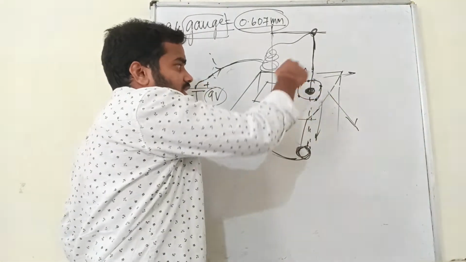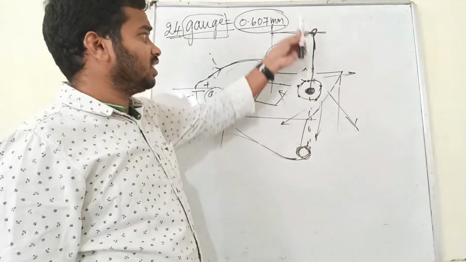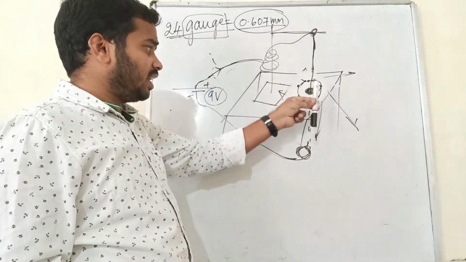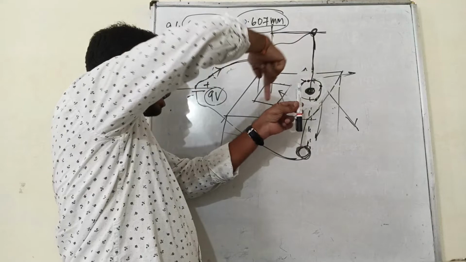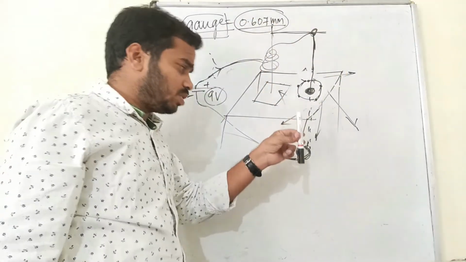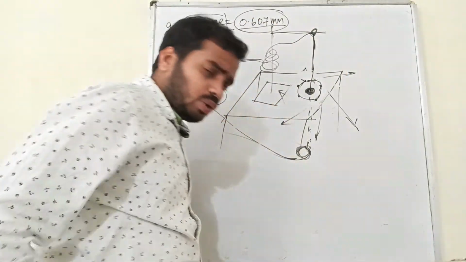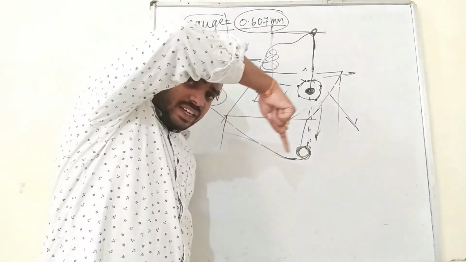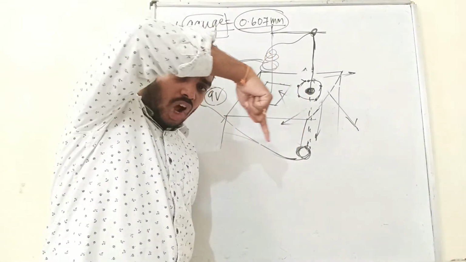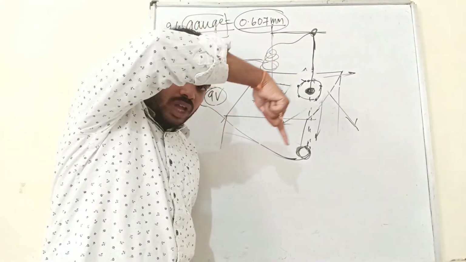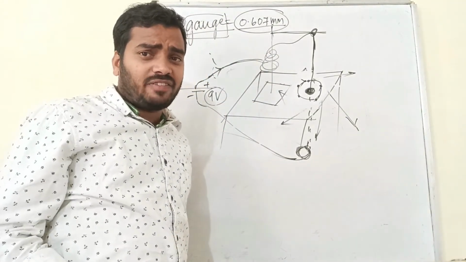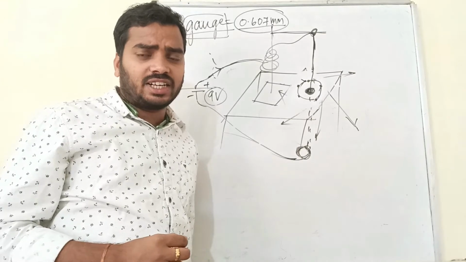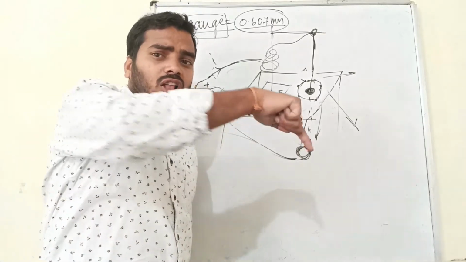When the current is carried from top to bottom, the magnetic field would be clockwise around it. When you see from the top view, the north directions of all the magnetic compasses would align in a clockwise direction. This shows that the magnetic field around the straight current carrying conductor will be in the clockwise direction.